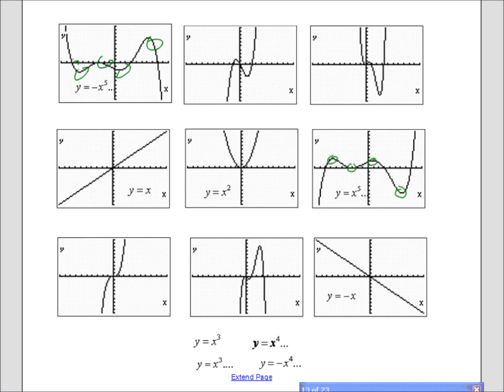And now, based on this, we can figure out the other ones. This x to the 4th is going to have the same end behavior as the parabola, which is up, up. So it must be that one. And this one has the same end behavior as a parabola that's down, so it must be this one.